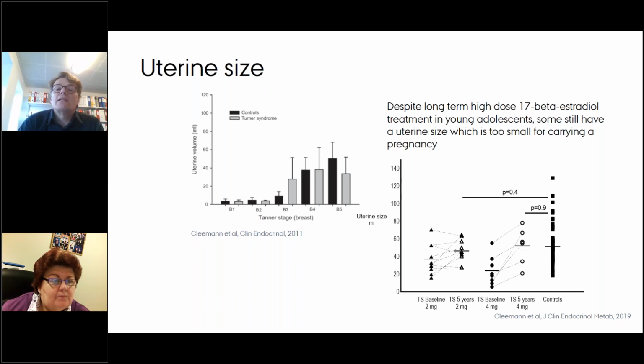And even despite long-term high-dose 17-beta estradiol, some uteri remain too small to carry a fetus, and it's important that you look for this before going on to try an oocyte donation.